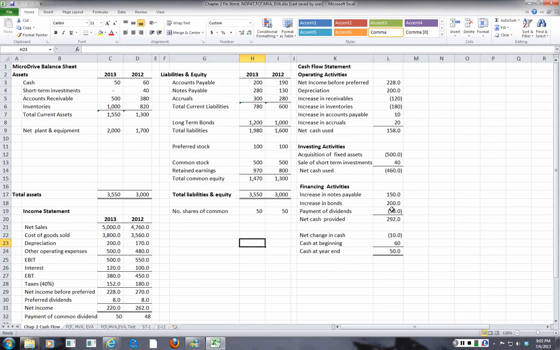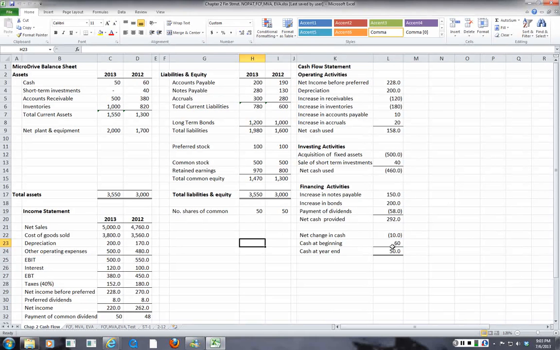So that's $350,000. The cash flow coming in from the operating activities allowed them to invest in the acquisition of fixed assets. The total of $158,000 minus $460,000 plus $292,000, the net change, adds up to a $10,000 decrease in cash.